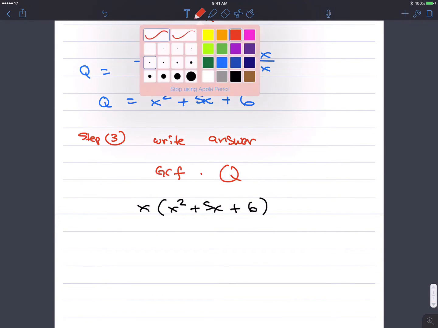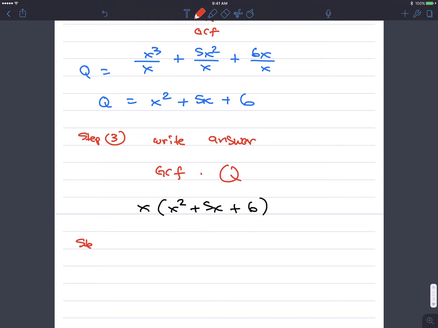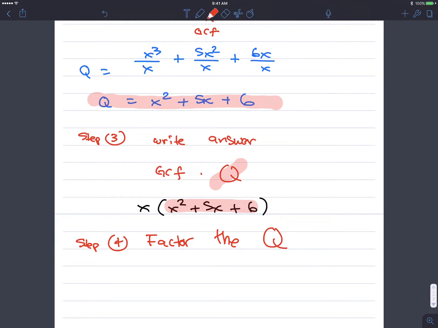And then finally, let's call this step 4 for the factor completely strategy. Factor the what? Quotient. So what you're going to do now here is factor x squared plus 5x plus 6, because that's my quotient I just found here. That's the Q. And that's now what we need to factor.